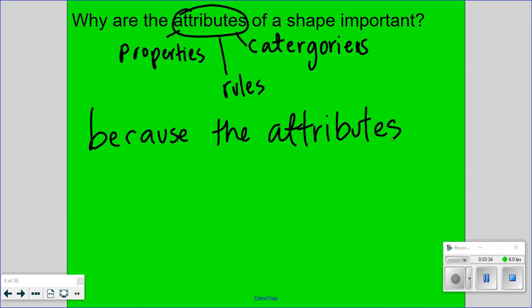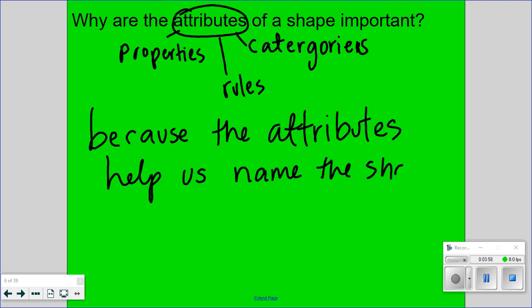But if I was turning something in, I would not want to start with because the attributes help us. Help us do what? What did Maverick just say? Archer? Know what shape it is. They help us name the shapes.